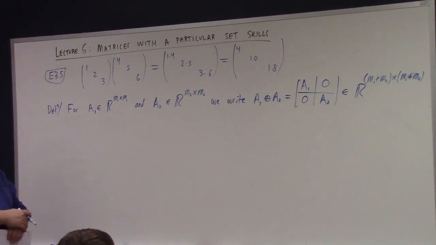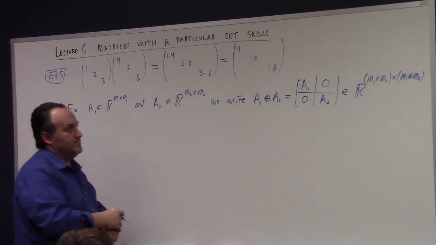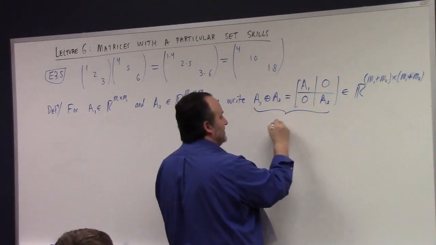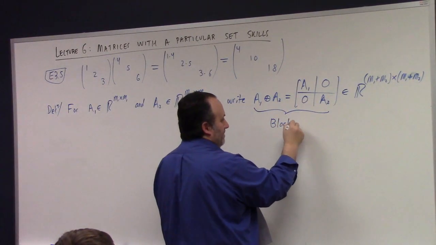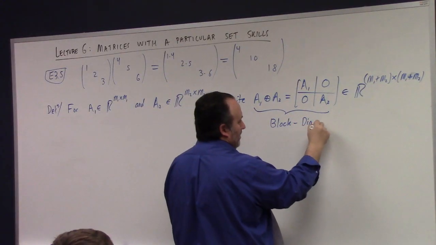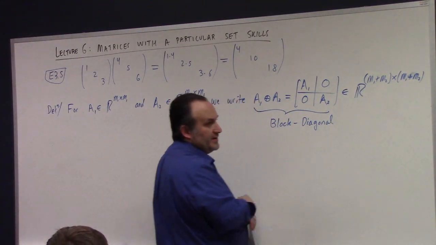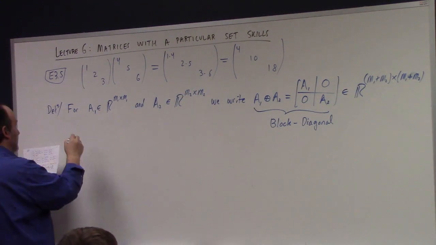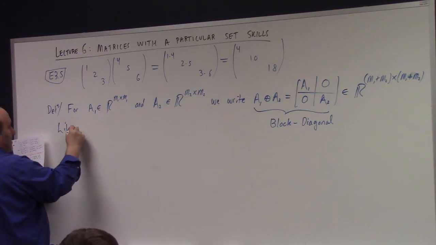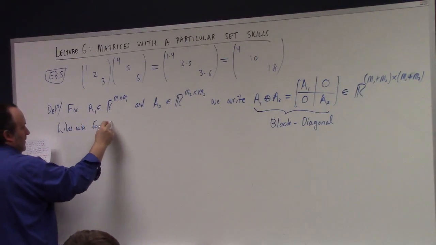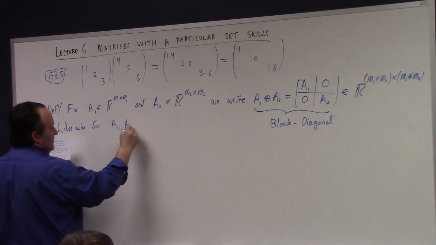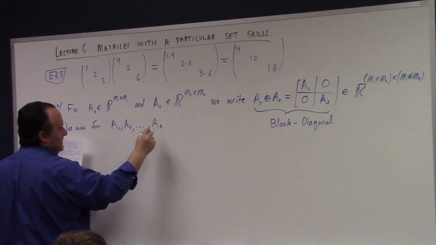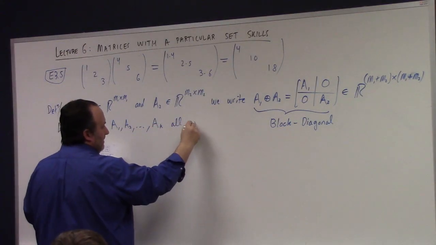Such a matrix is said to be block diagonal. This is a block diagonal matrix. And we can continue this, likewise, for A1, A2, up to A sub k, all square.